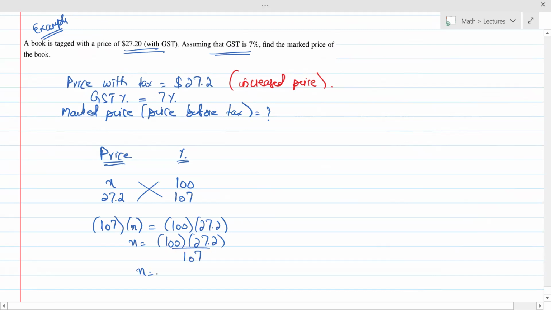So X comes out to be 100 into 27.2 divided by 107. Yeah, so this comes out to be 25.42. Okay, so 25.42 is the mark price for us.